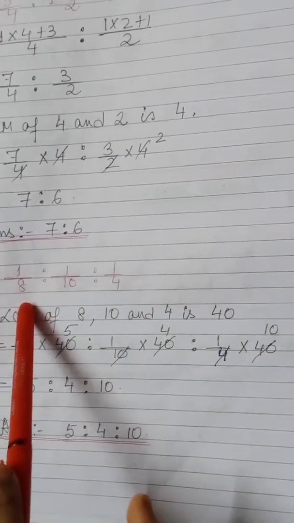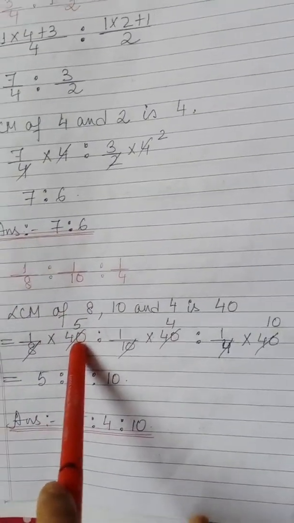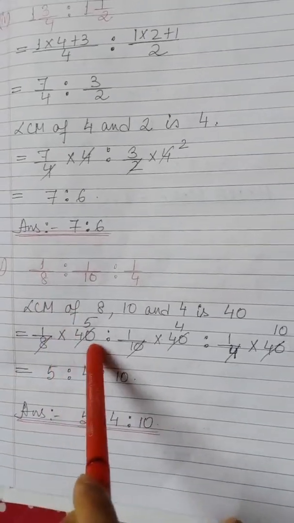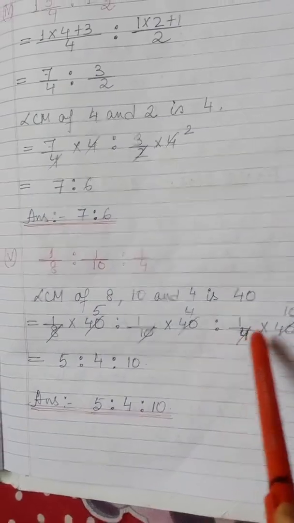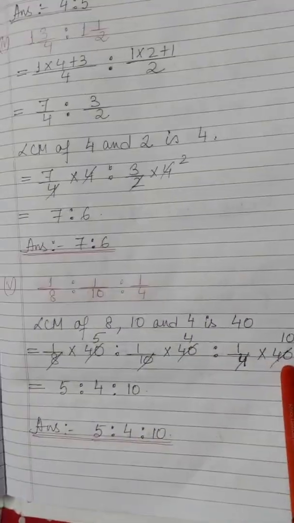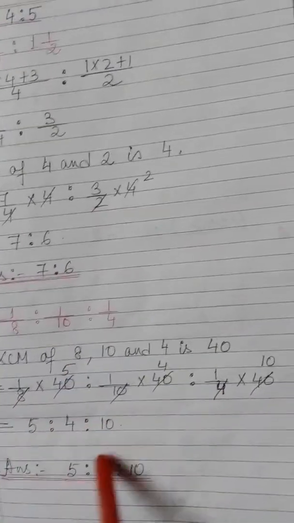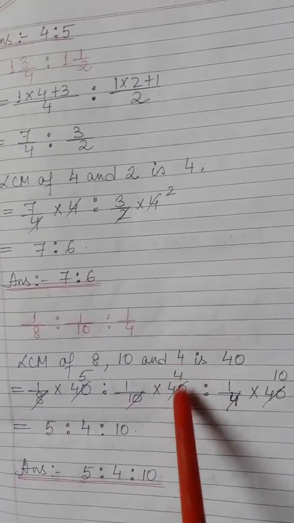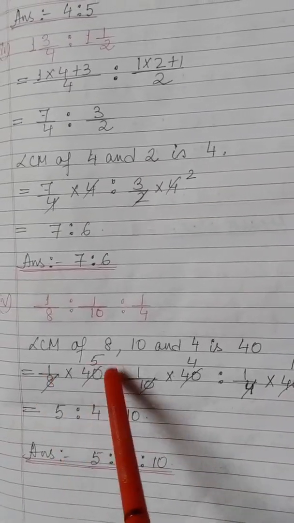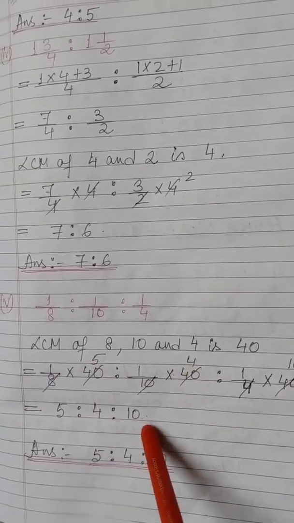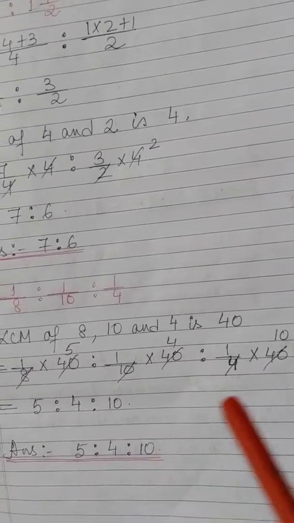Now multiply each term by 40. 1/8 into 40, 1/10 into 40, 1/4 into 40. Now cancel: 8 fives are 40, 10 fours are 40 and 4 tens are 40. Then 5 is to 4 is to 10. Thus the answer is 5 is to 4 is to 10.